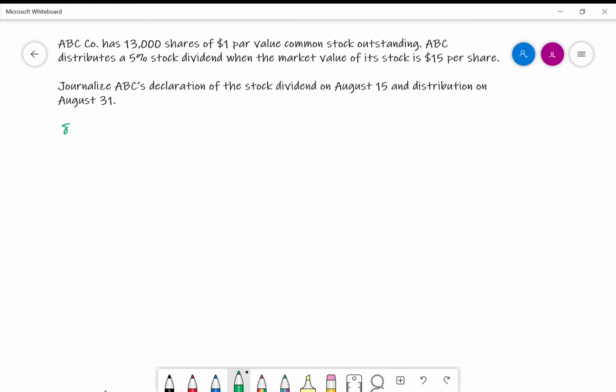Okay, so we've got August 15th here. And what we've got to calculate is what the amount of this stock dividend is actually going to be. Well, we've got 13,000 shares, and we know this is a 5% stock dividend, so we multiply by 0.05, and the market value currently is $15, so we multiply by 15.